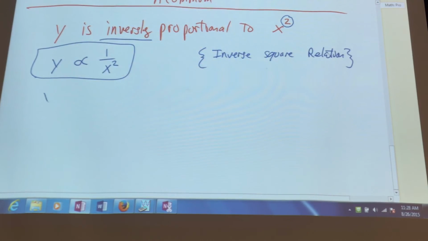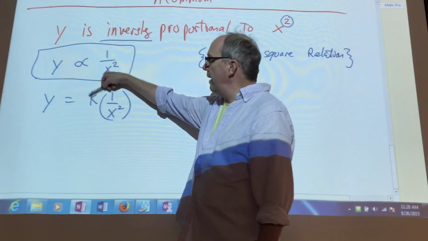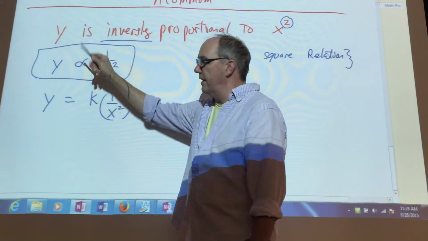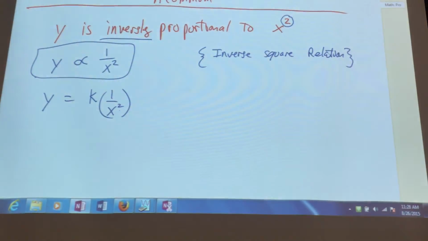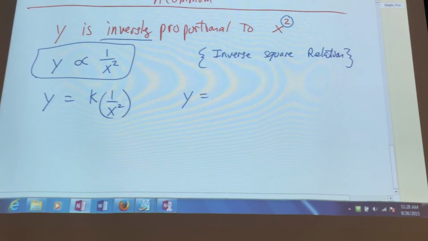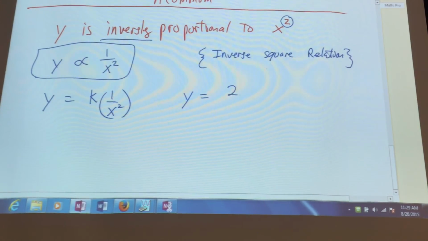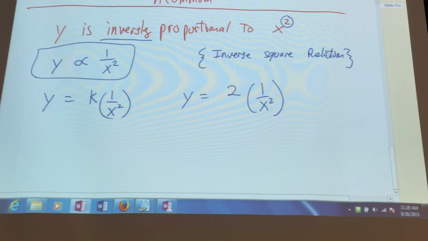Another way to write this is that y equals k times 1 over x squared. This k just kind of substitutes, the equals and k kind of substitutes for that proportionality symbol. That's all it does. Now let's make up an example. Y is equal to, try to keep the numbers reasonably simple, 2 times 1 over x squared.